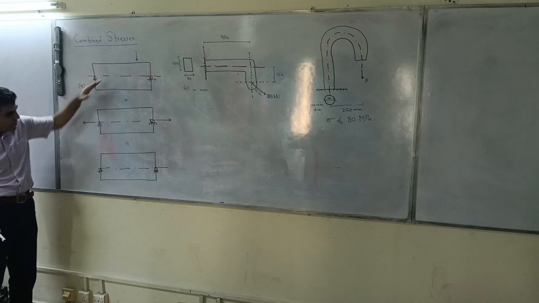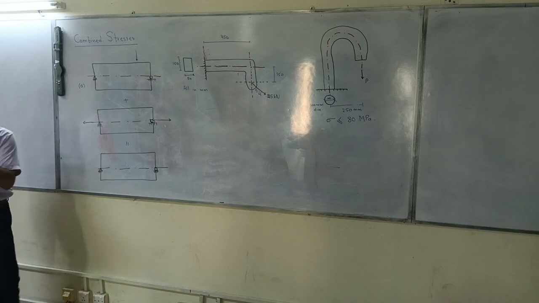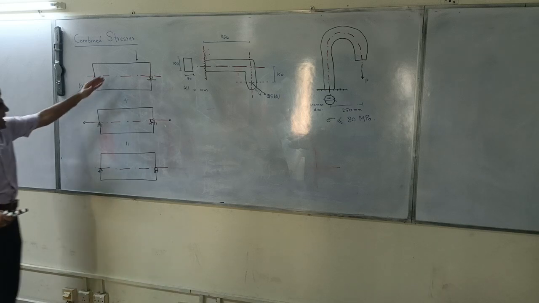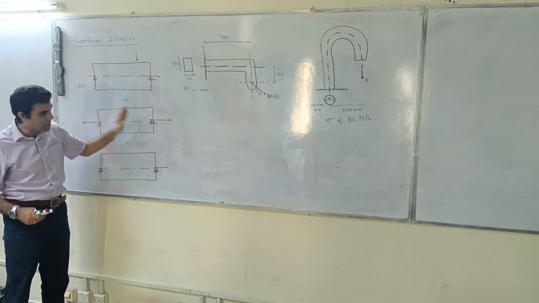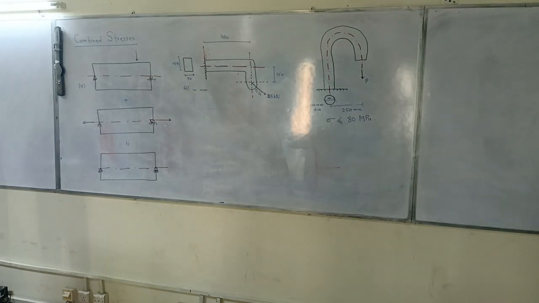So what we do is we take these stresses which have got different nature, and examine one cross section and see what sort of resultant stresses are produced on that cross section. The stresses can be flexure, axial, torsion, different types of stresses.